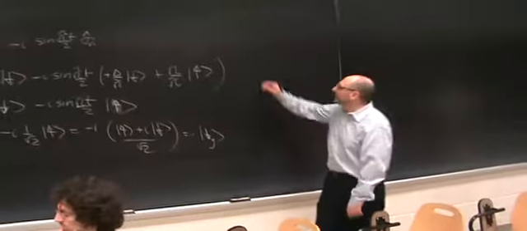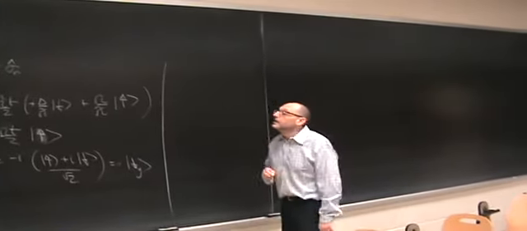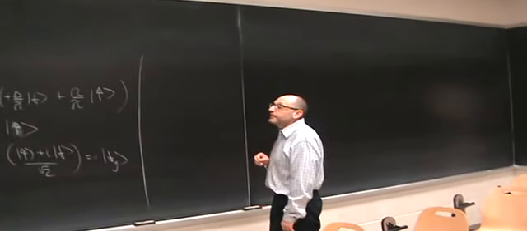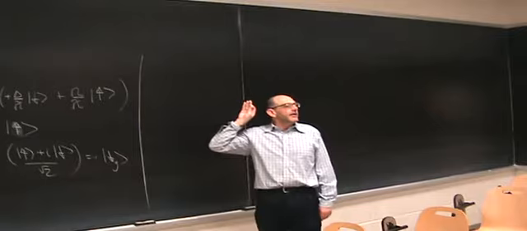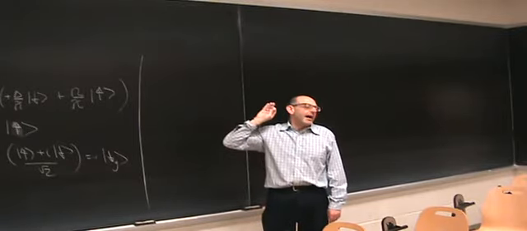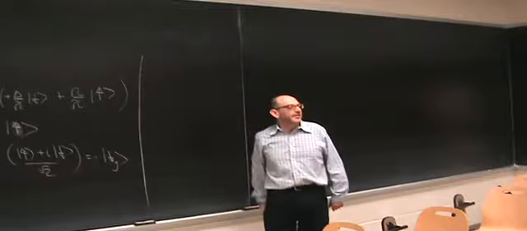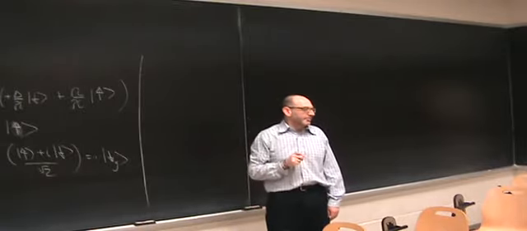All right, a number of things to say here. Firstly, I wrote down that Hamiltonian by fiat. I just said, let's consider the case where I have an absorption term and an emission term.